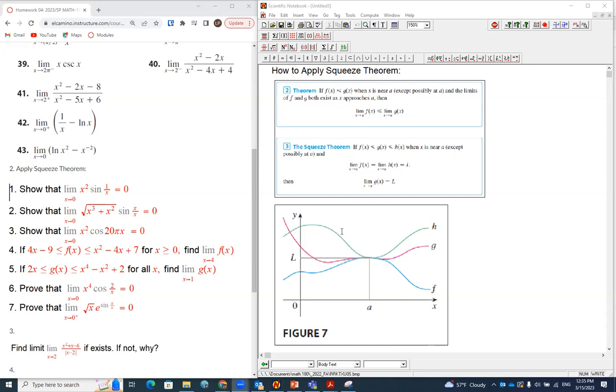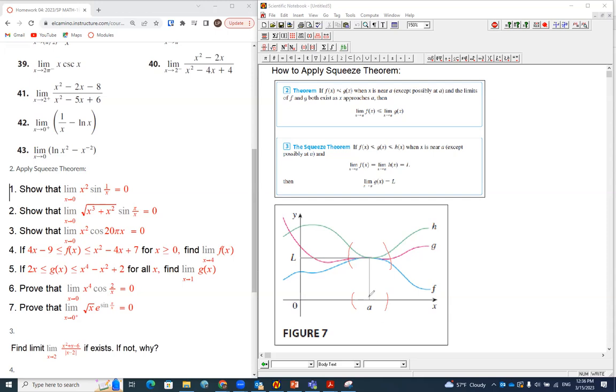One is blue and one is green, but this is only happening in the neighborhood of A. How big is that neighborhood? Well, it looks like this much, in this neighborhood of A. And, except possibly at A.